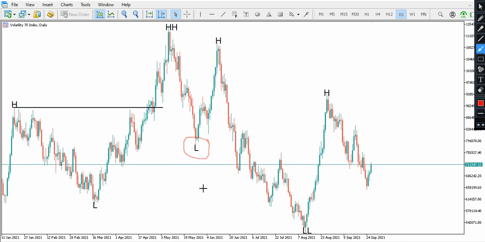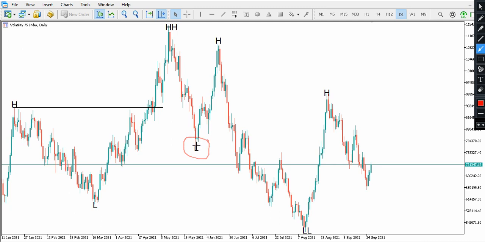Okay, so is this a failed market structure? Let me just pause a little bit so you answer yourself, just for 5 seconds. Okay, my 5 seconds have lapsed, so I hope you have an answer now. This is not a failed market structure.